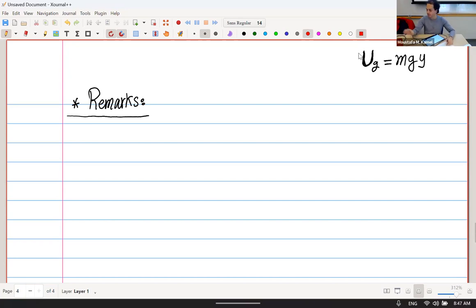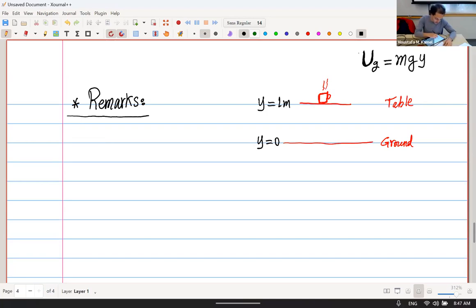Okay. So if we have, let's say, I have this cup on the table. Okay, let's draw it here. So here is the ground. Here is the table. And I have my cup of coffee here on the table. Okay. So if I set the ground to be my y equals 0, and the table is 1 meter above the ground or something, this is a valid choice of coordinate system.